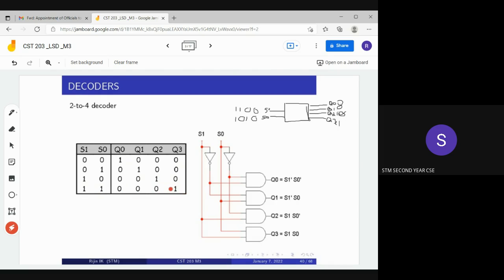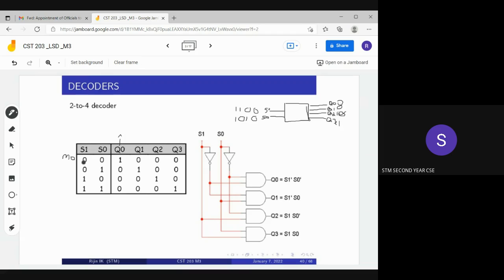Here we can see that 0 0 corresponds to min term 0, which we can represent as M0. If you provide M0, what will it activate? It will activate the corresponding Q0. Clear?